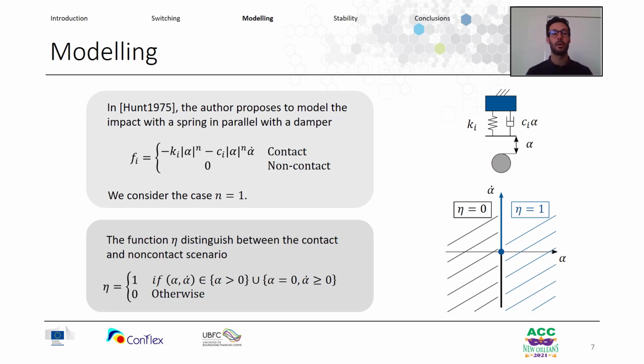And what happens in the case in which the distance is equal to 0? We distinguish the case in which the velocity points towards the environment, and we consider this a contact case, and in the case the distance is equal to 0 and the velocity points away from the environment, the object is considered not in contact with the external environment.